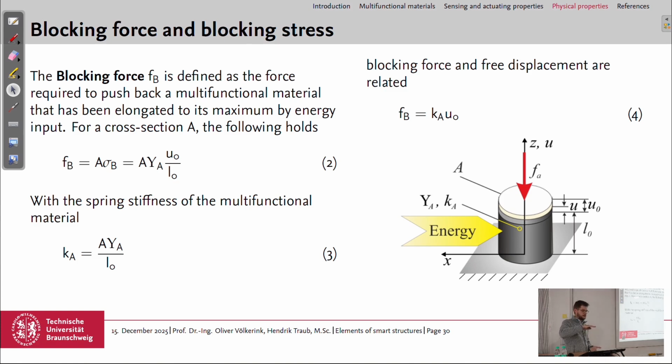And then in the next step, you would push it back to U0 while maintaining the electrical field. And this is then the blocking force. This is the maximum force you can apply with the actuator without any movement. And you will also do this in the first lab experiment on your own.